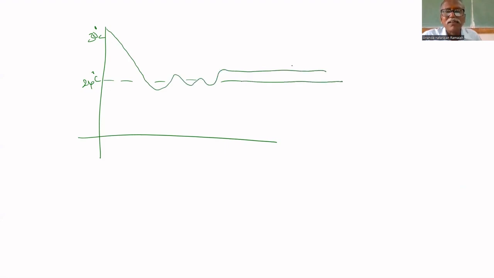Here it is 30 degrees centigrade. Here set point is 24 degrees centigrade. If you put the P only controller, it will come and oscillate, then it will settle like this. Some error will be there, say 1 degree centigrade. It will settle at 25 degrees centigrade. Let us assume 25 degrees centigrade.